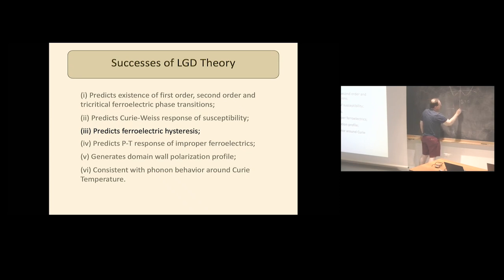At this point, it's 0. So it's gone negative, positive, 0. At this point, it's also 0. But it's gone negative at this point, and then it comes around and goes positive. Okay, so that is the derivative of the Landau expression in the absence of a field. And under equilibrium, it equals the field as a function of polarization.